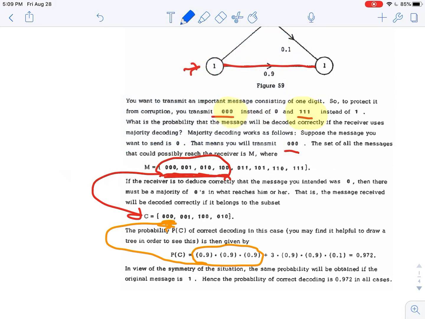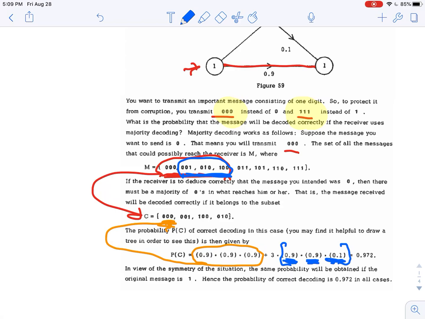What we also need to look at here are these 3 sequences. In these, the 0 is coming through twice. If it happens in any of these 3, the 0 comes through twice and the 1 comes through once. Order won't necessarily matter right off, but we'll take 0.9 times 0.9 times 0.1, but because that's 3 different outcomes I just described, I'll multiply that times 3.